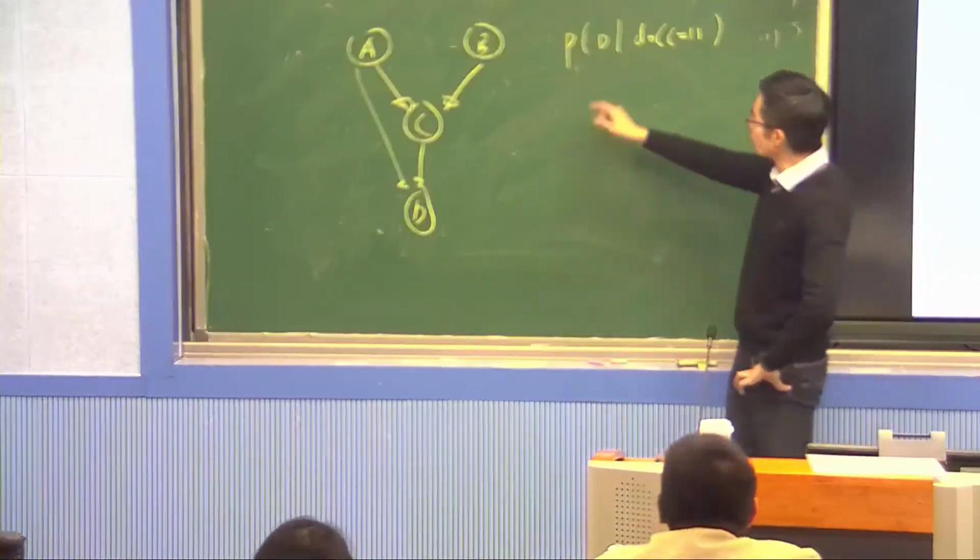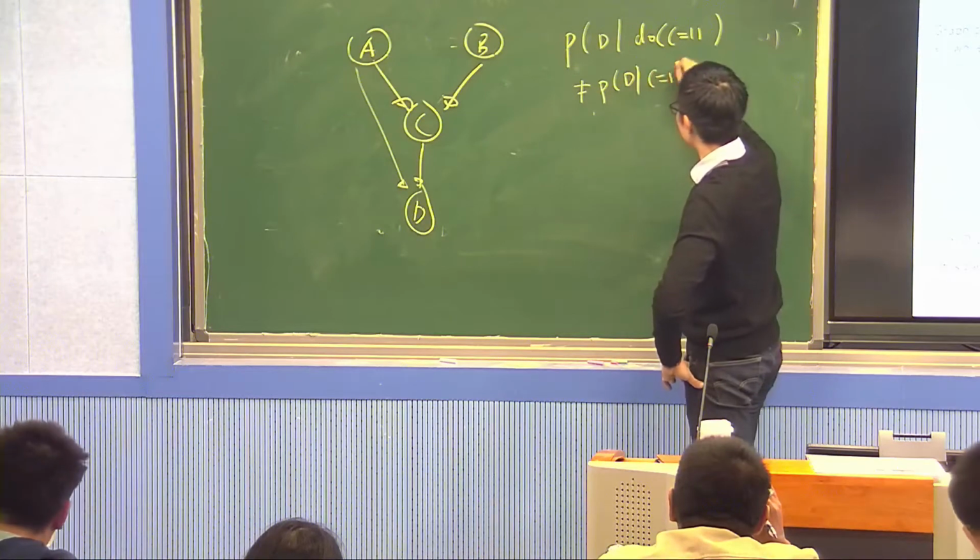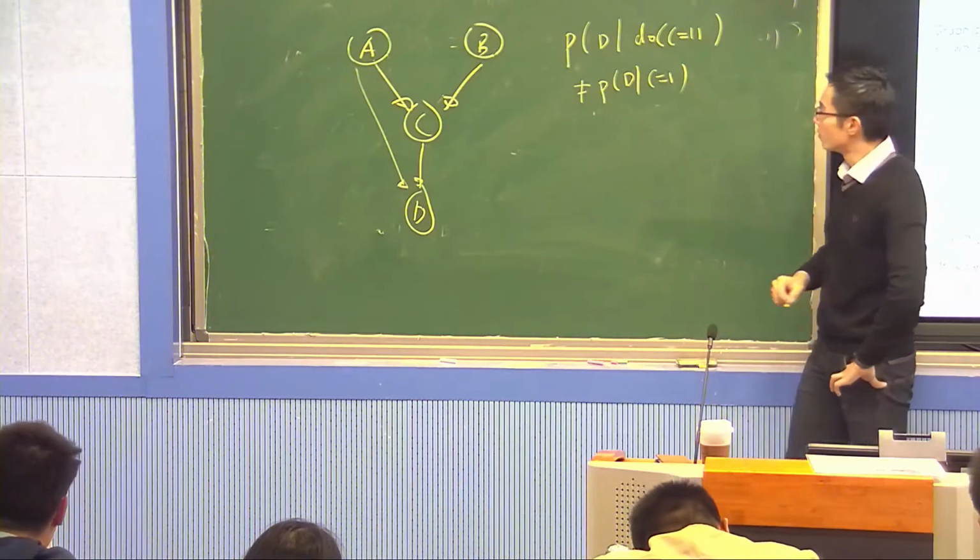In this case, this is no longer equal to P(D | C = 1). Why?